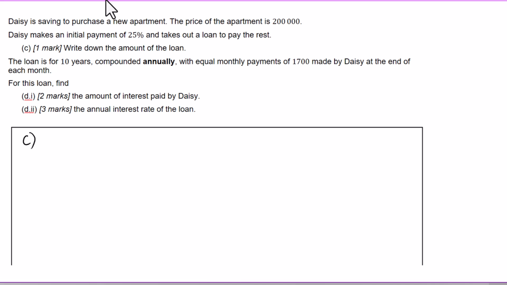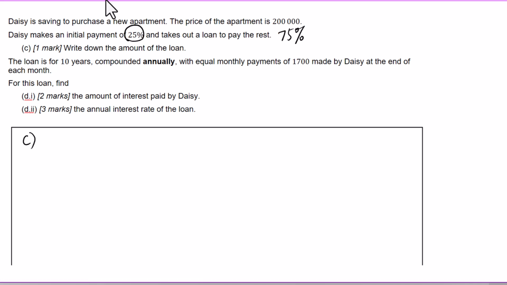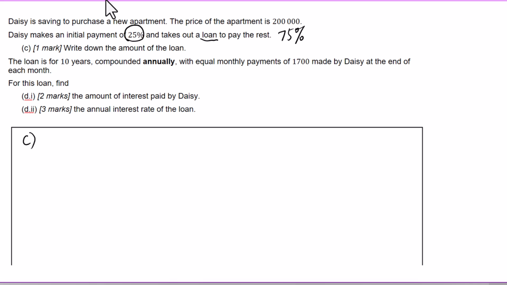Since the initial payment is 25% of the price of the apartment, then 75% will be the loan.